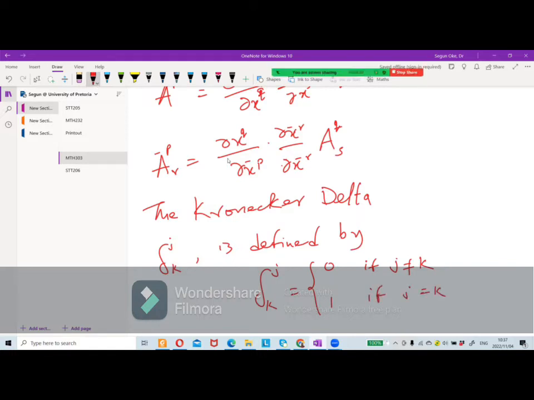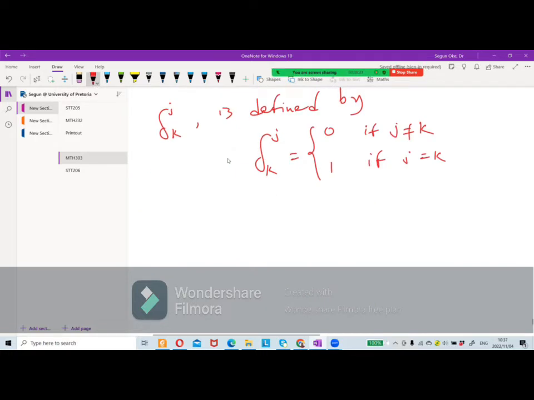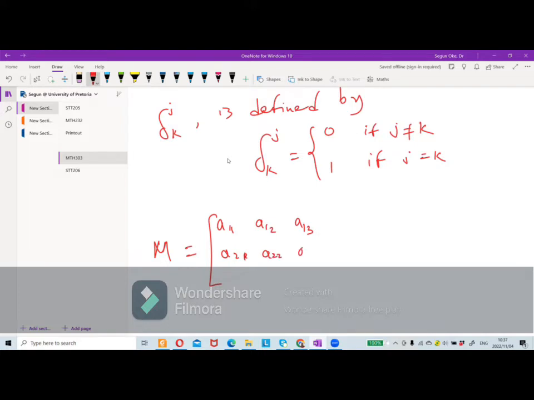So what do I mean by this? Remember a 3 by 3 matrix. Let's say matrix M is equal to A11, A12, A13, A21, A22, A23, A31, A32, A33. So this thing holds.